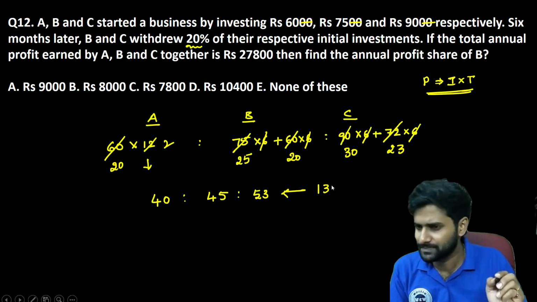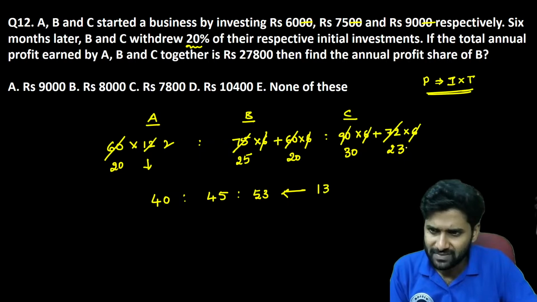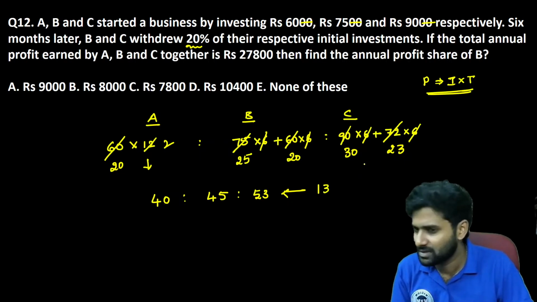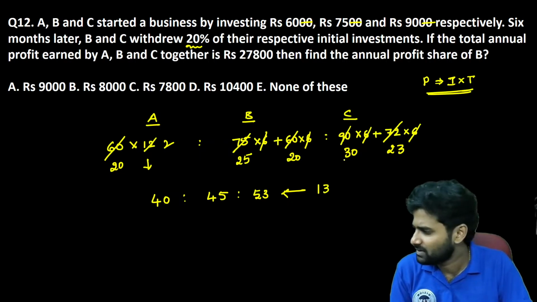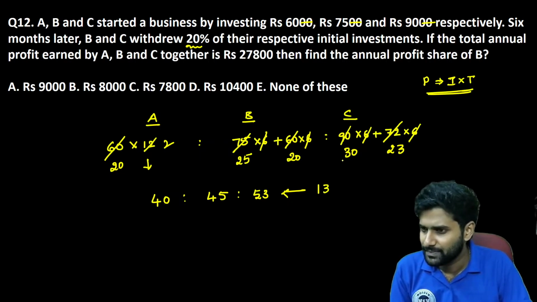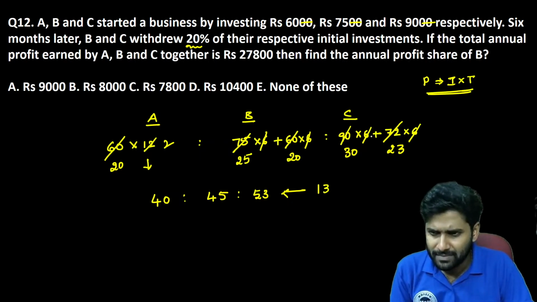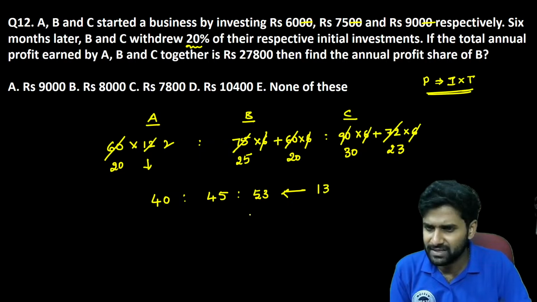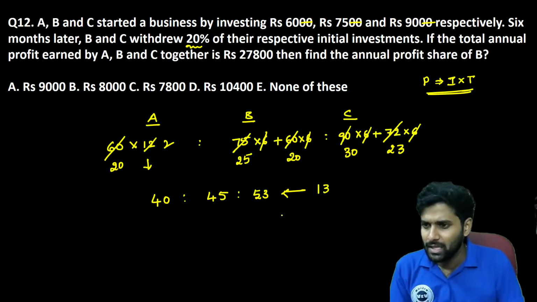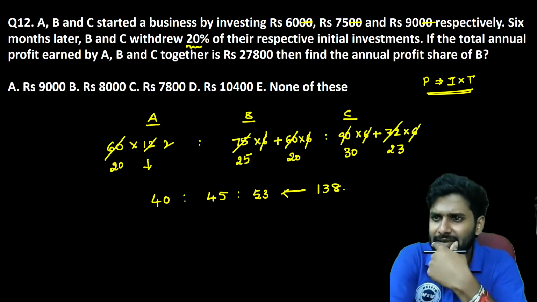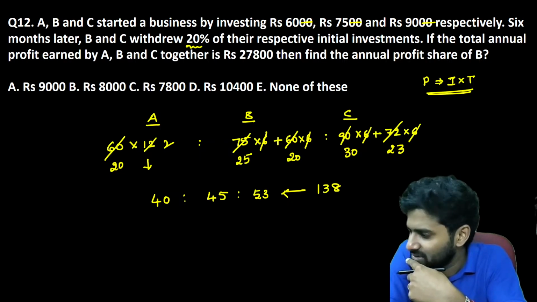Let me check with all the calculations. 330 is a 3 to the 3, 53, right? So you will get 138. Am I doing anything wrong here?